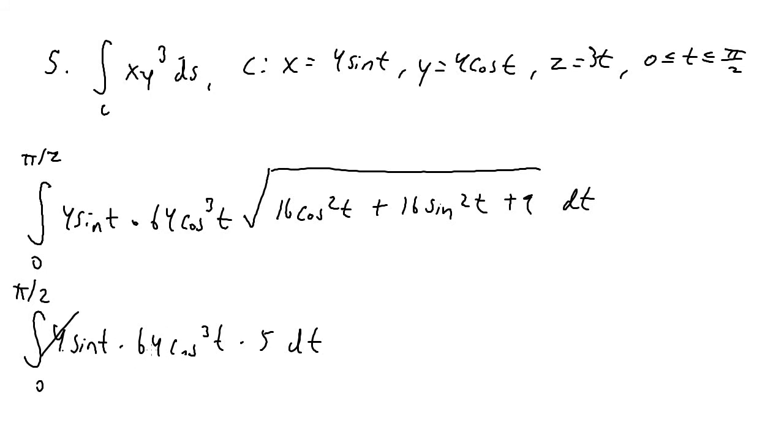Now 4 times 64 times 5, if I use my calculator, is going to be 1280. That's a constant, so I can take that outside the integral. So 1280 times the integral from 0 to pi over 2 of sine of t times cosine cubed of t dt.